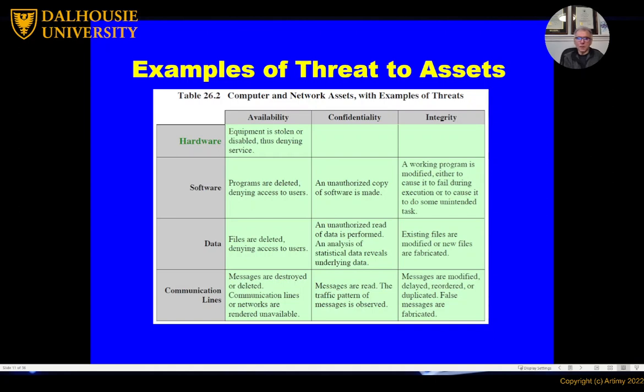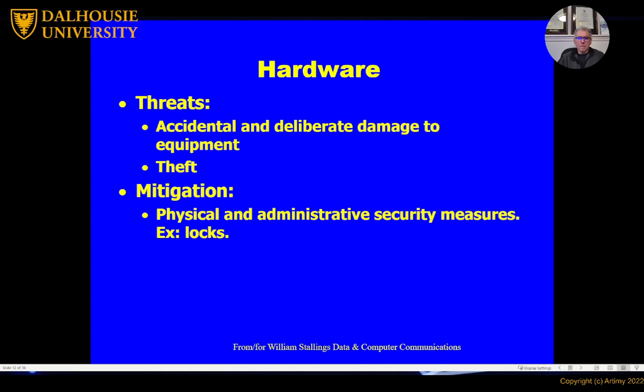If we take each one of them separately, you'll see that any accidental or deliberate damage to equipment is a threat. Theft is a threat.